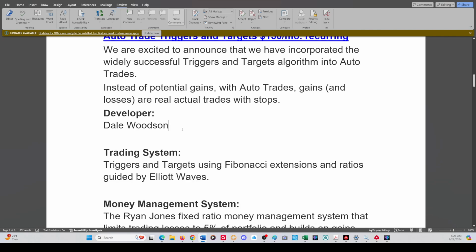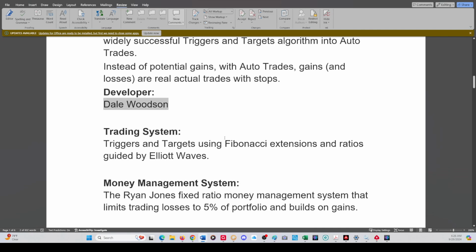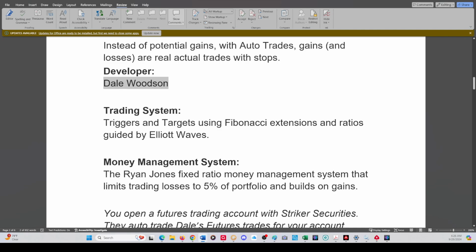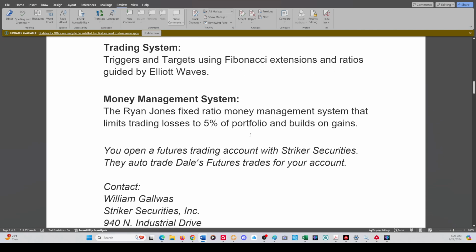Developers, yours truly. The trading system is we use triggers and targets and Fibonacci extensions and ratios guided by our Elliott waves. We use a money management system, Ryan Jones fixed ratio money management system. It limits our trading losses to 5% and builds on our gains.